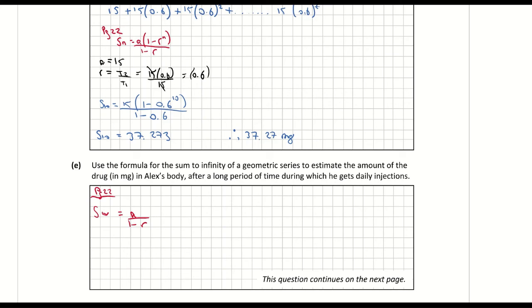So the sum to infinity is equal to a, again from part D, our first term, which is 15, over 1 minus r. My r, my common ratio, again from part D, is 0.6. So that gives me a sum to infinity of 15 divided by 1 minus 0.6, which is 37.5 milligrams.